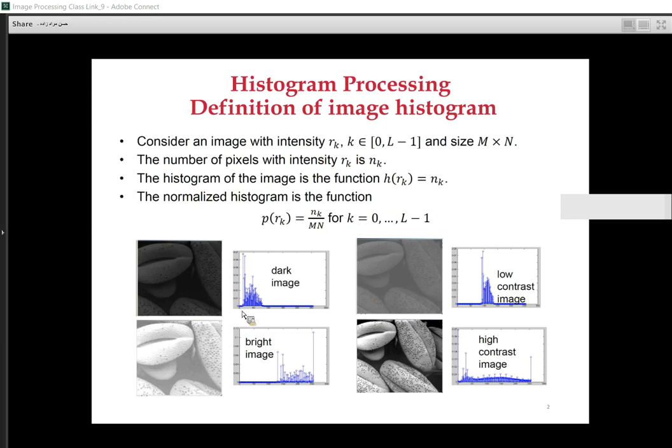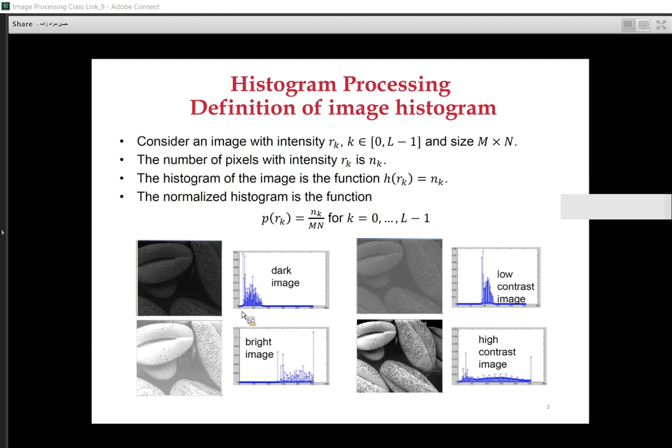But in these slides, in these images, we see better the meaning of histogram. For example, this is a dark image, and we see that the intensities are located here.